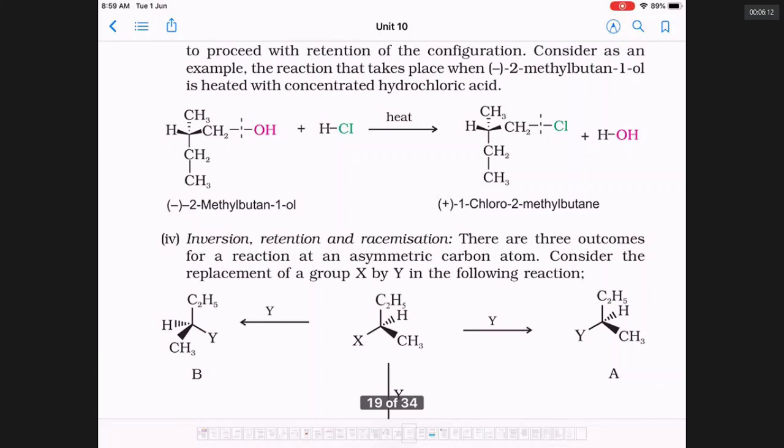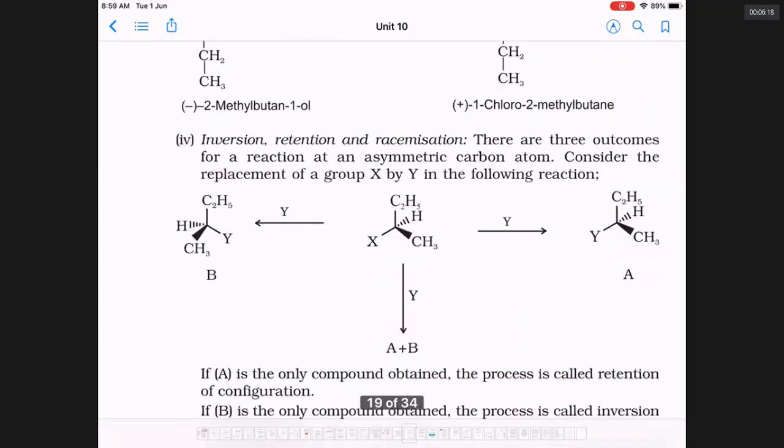Now you take the second example, inversion. Here the Y is there and methyl is coming towards you. Ethyl is above, hydrogen is going away. Can you see that, sir?